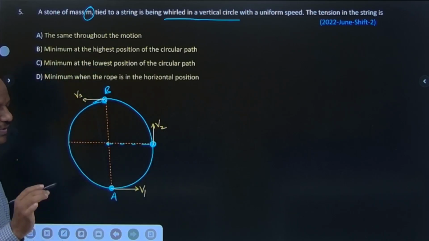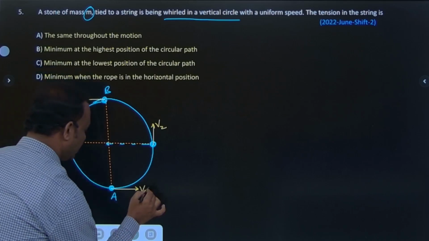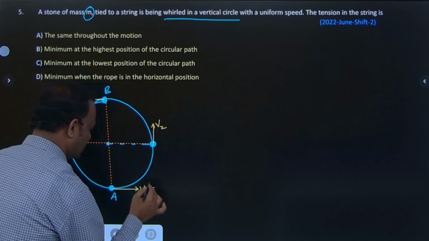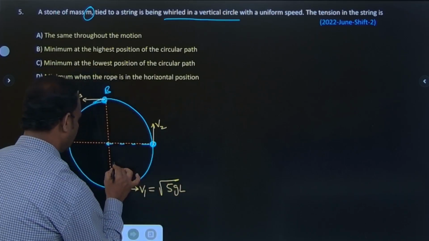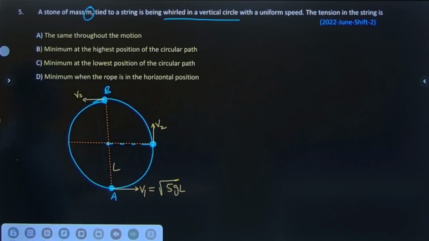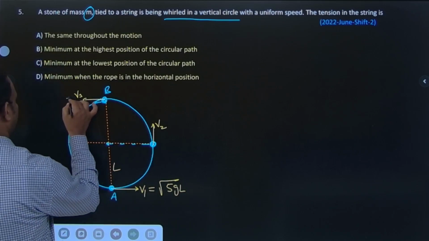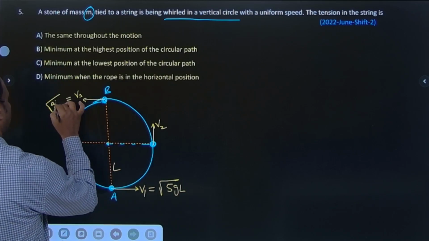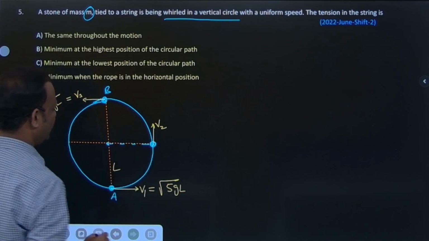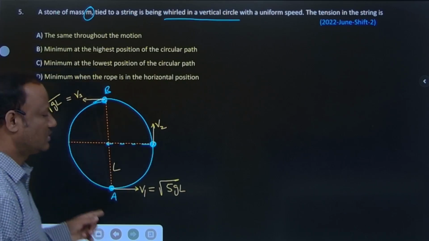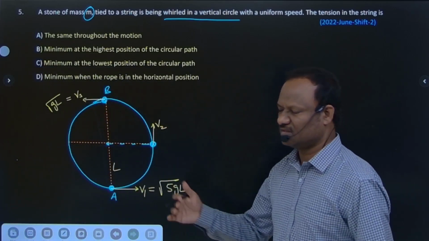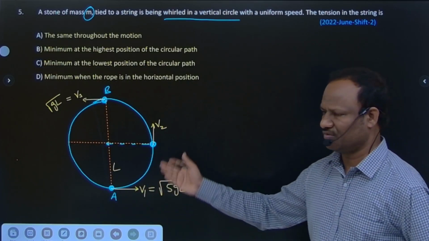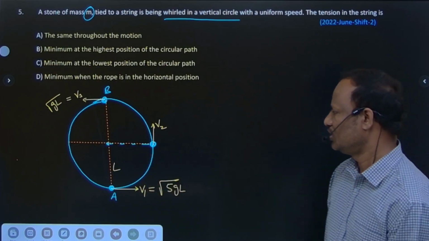For your kind information, v1 to complete one circular motion is under root of 5gL, where L is the length, which is the radius. V3 is equal to under root of gL. To find V2, we need to use the law of conservation of mechanical energy, or otherwise the equation of motion v square minus u square is equal to 2as.